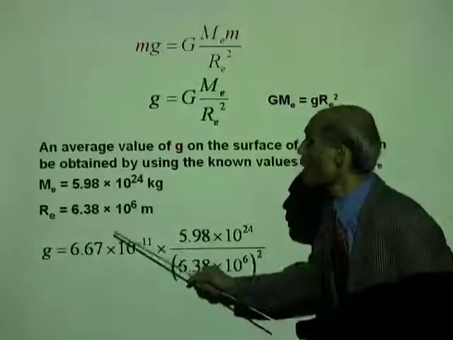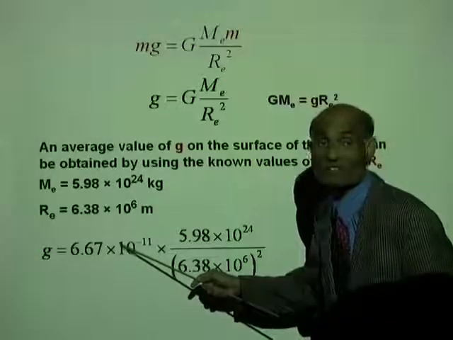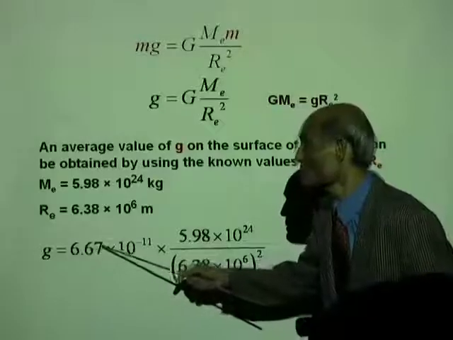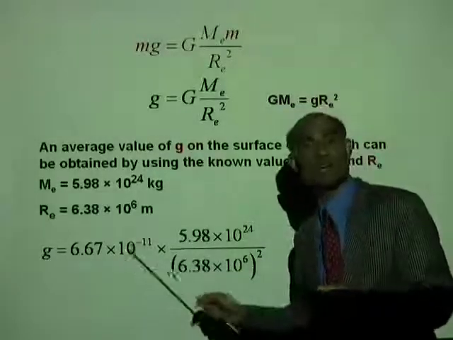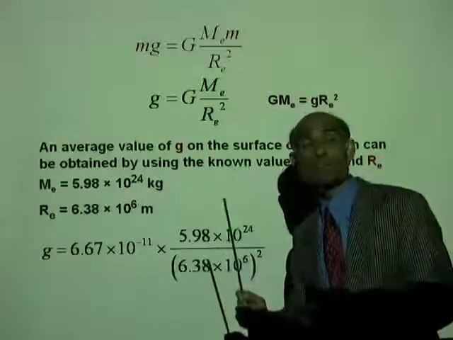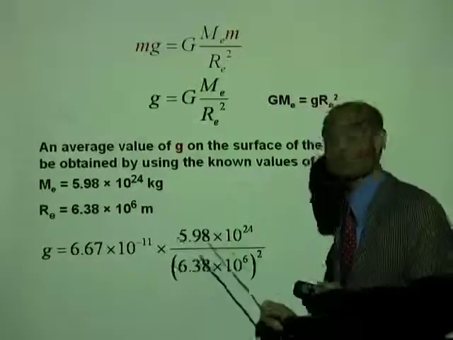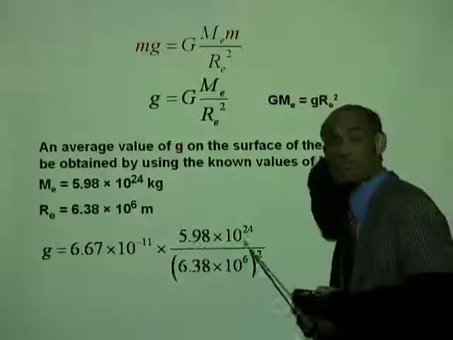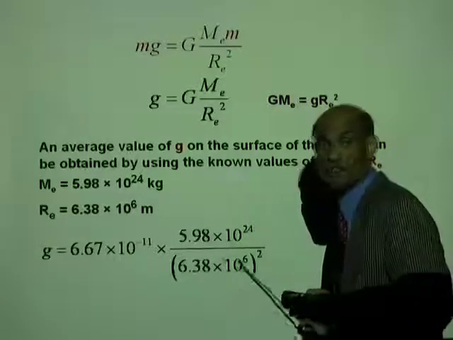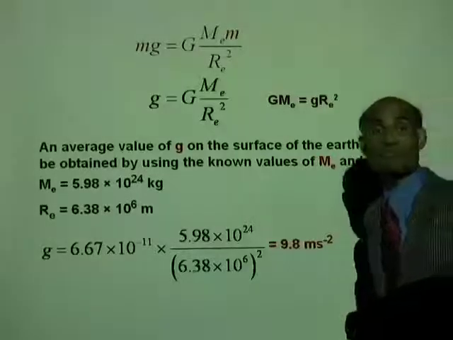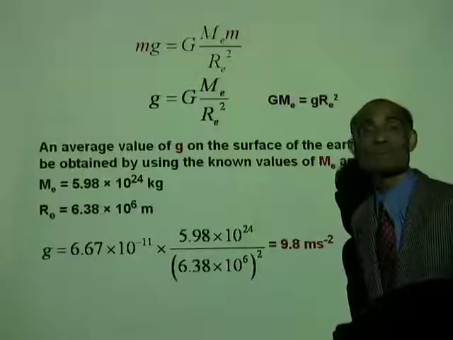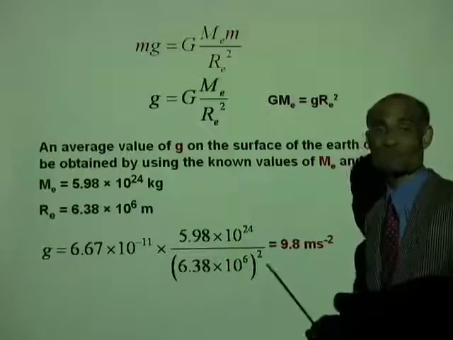The value of the universal gravitational constant is 6.67 times 10 to the negative 11. What's the unit there? Newton meter squared per kilogram squared. And this is the mass of the Earth, and this is the average radius of the Earth. And that gives you our famous value, 9.8 meter per second squared.